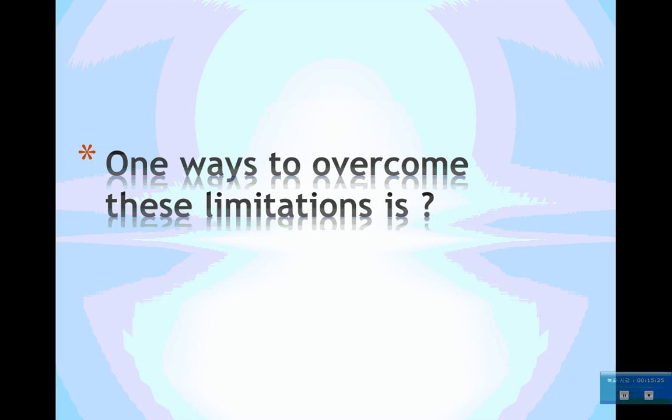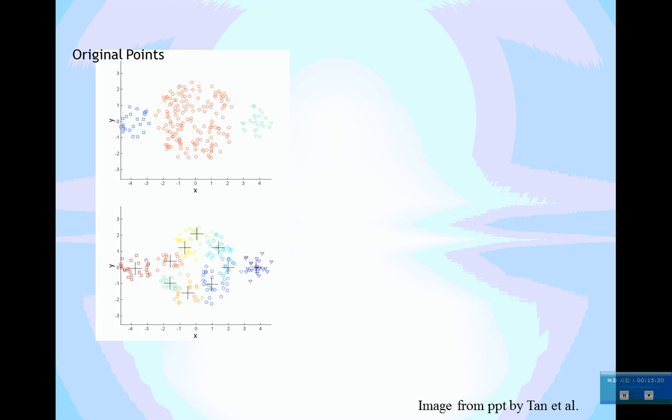So how do we overcome these limitations? One way is like this. First, different sizes: even if we know there are just 3 clusters, we can take more. Then we can consider this big one, so at least these 2 are separated. That is one way to solve this problem.